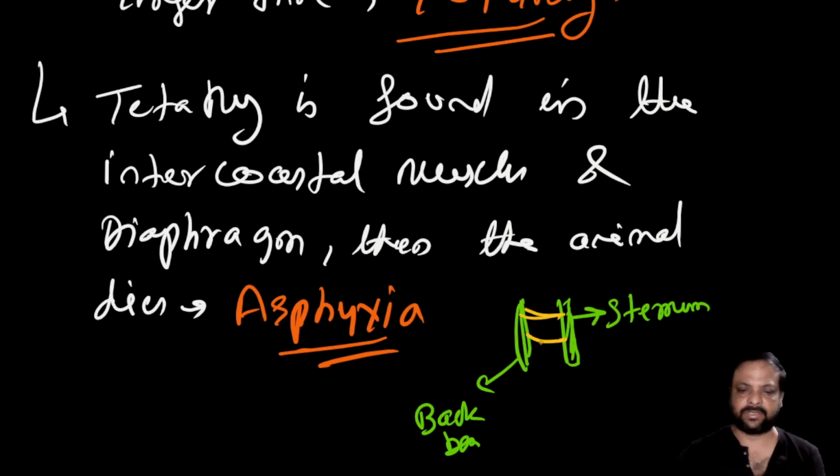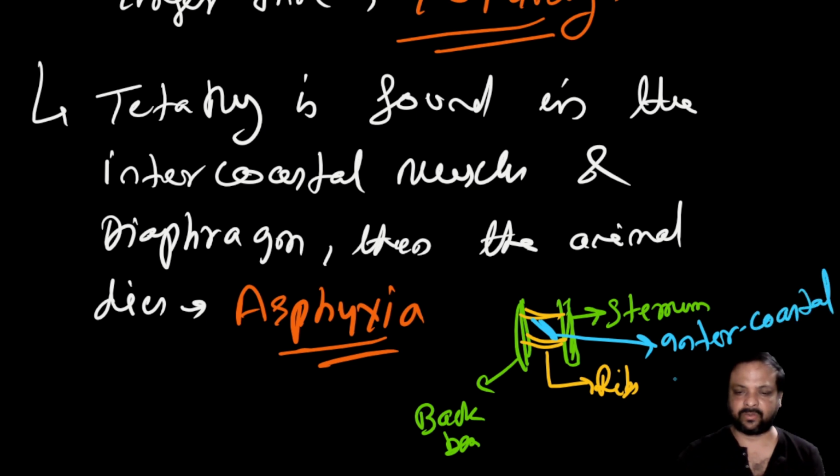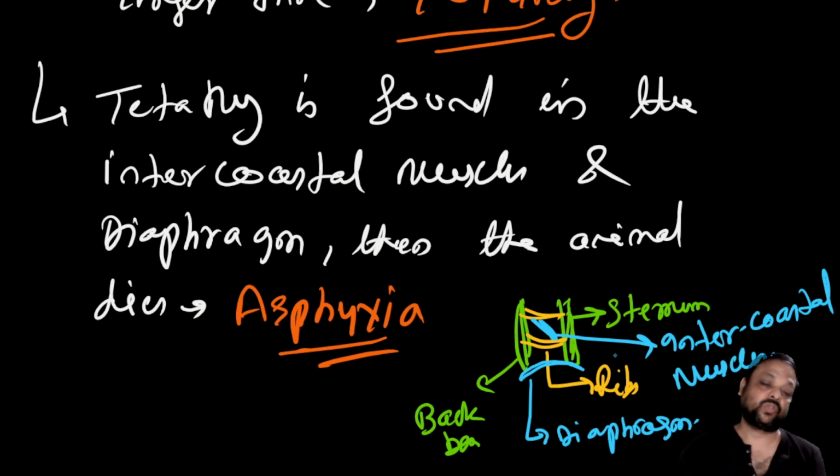In between the ribs we find special muscles, and these muscles are called intercostal muscles. So these intercostal muscles and the ribs are unable to stretch, and the muscle present here is called the diaphragm. If they are unable to contract or relax, then the person dies due to lack of breathing, and this condition is called asphyxia.